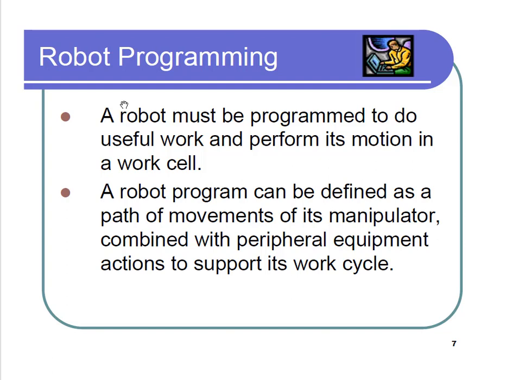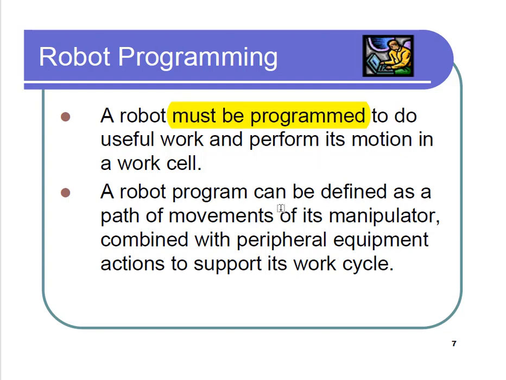So what are the methods that can be used to do the robot programming? In robot programming, a robot must be programmed to do useful work and perform its motion in a work cell.